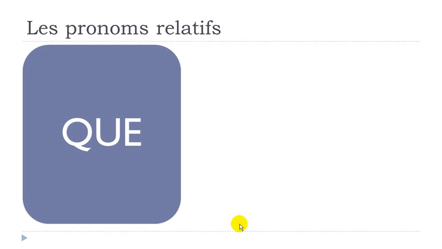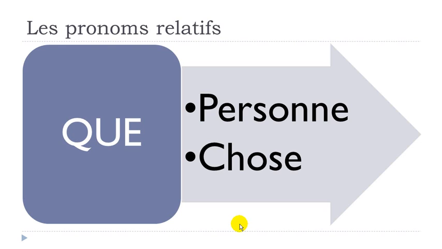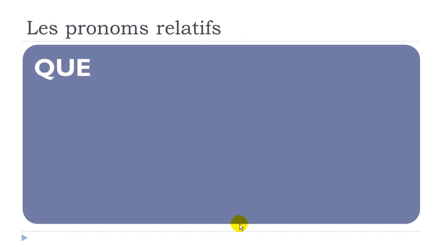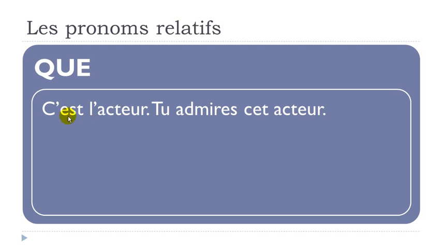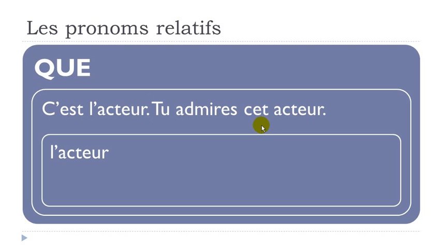Okay, and then the same thing will work first with the persons, so example with persons, and then choses, things, and then let's start now. So que, c'est l'acteur, tu admires cet acteur. Okay, so in that case, of course, if we look carefully, we would like to avoid repeating acteur, because it's in the first sentence and then it is in the second sentence as well.